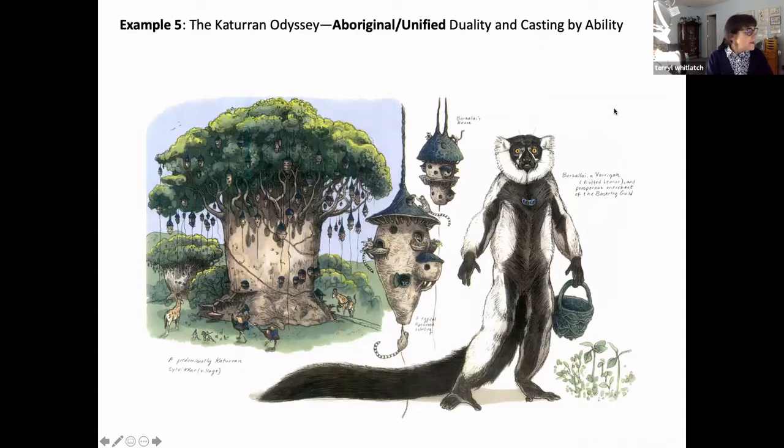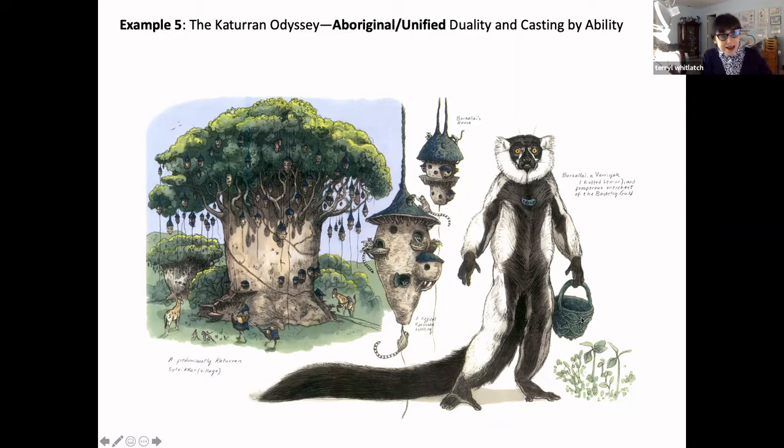Okay, so here is The Keturah Odyssey. This is my own book, which has just been republished, and I'm really happy about that. This is the conceptual work that I used to pitch the book to the publisher, which originally was Simon and Schuster. And lemurs really don't walk around carrying baskets, but the potential is there because they're intelligent animals and they have prehensile hands like we do that can carry things.